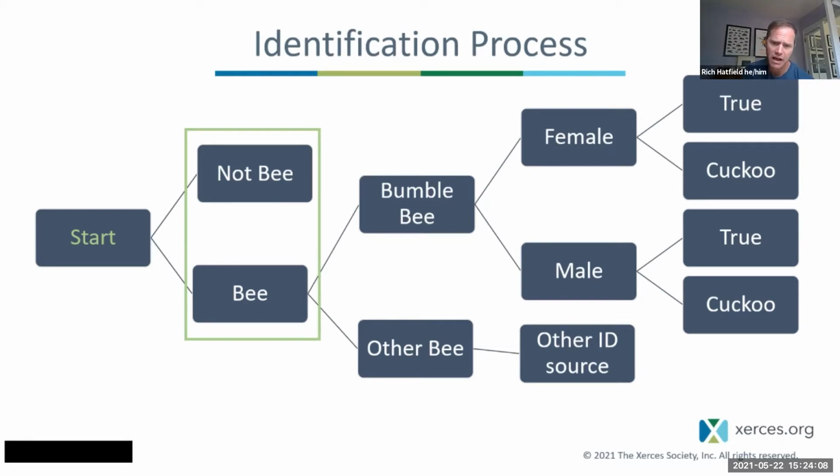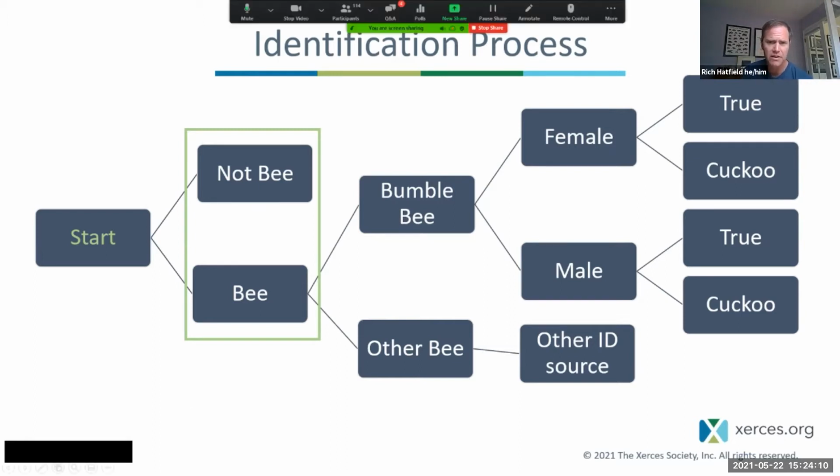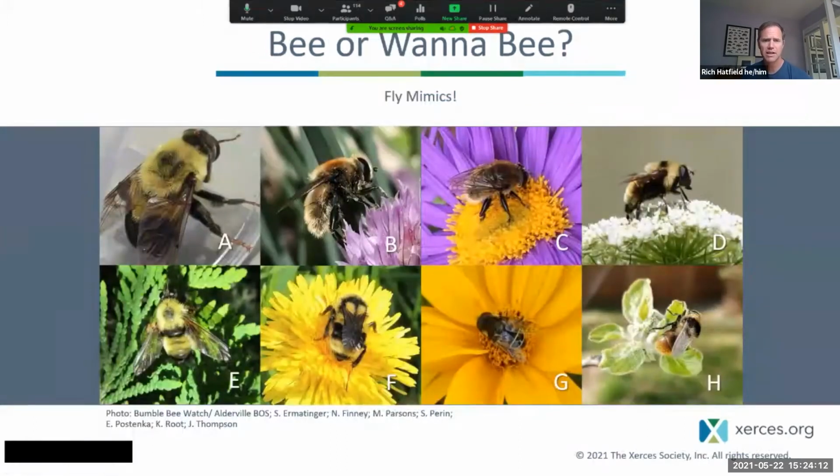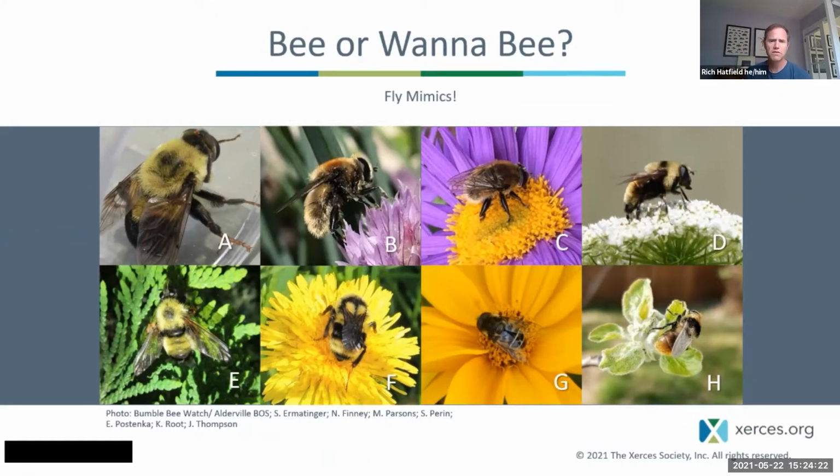There are a lot of what we call wannabes out there that look a lot like bumblebees, but aren't. So I'm going to launch another poll question here, and I'm going to ask you to determine which of the animals you see on this chart are bees of any sort, not just bumblebees.